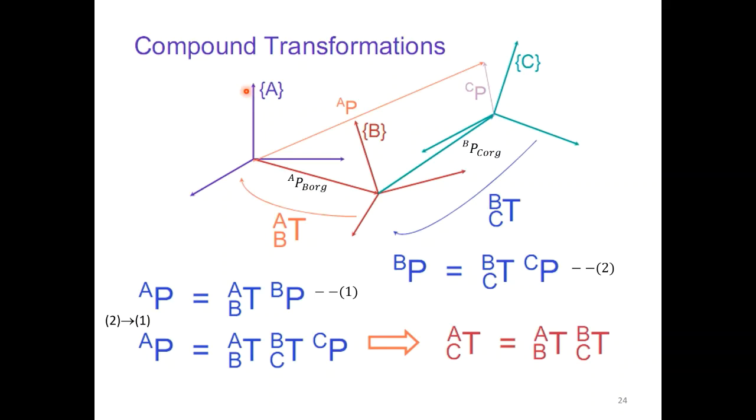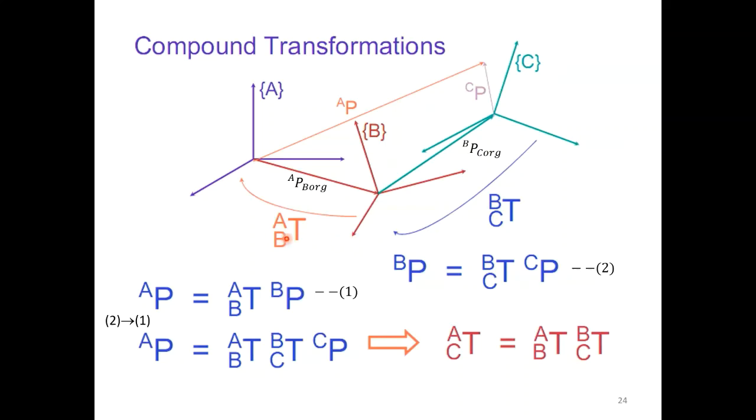So essentially, what does that mean? How C is oriented and translated with respect to A. You want to find that information, given ABT and BCT.